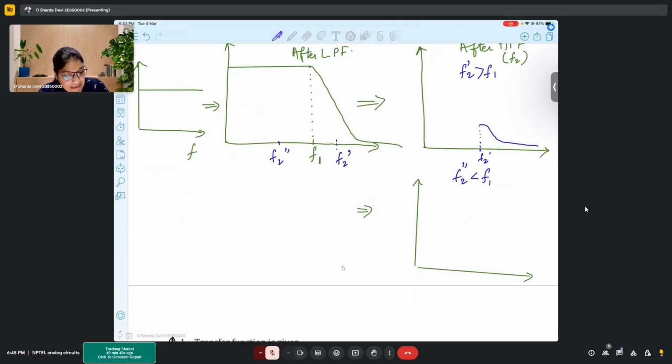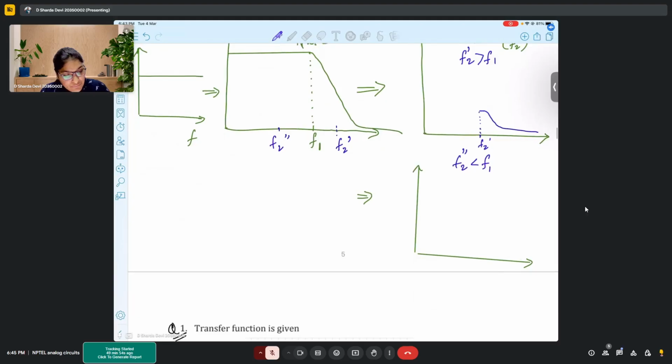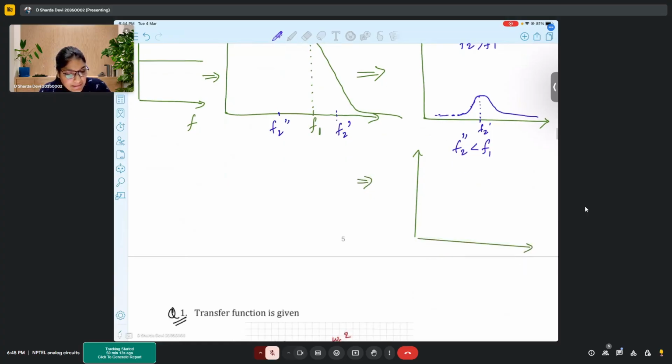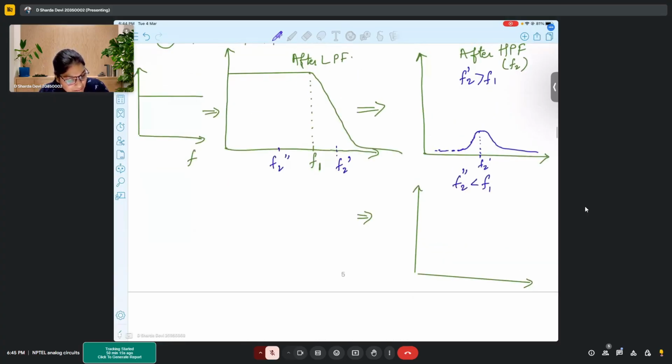But if I have F2 double dash as the cutoff frequency of my high pass filter, how would it look? And before that also it will be like this. Okay, and in this particular case, how will it look?